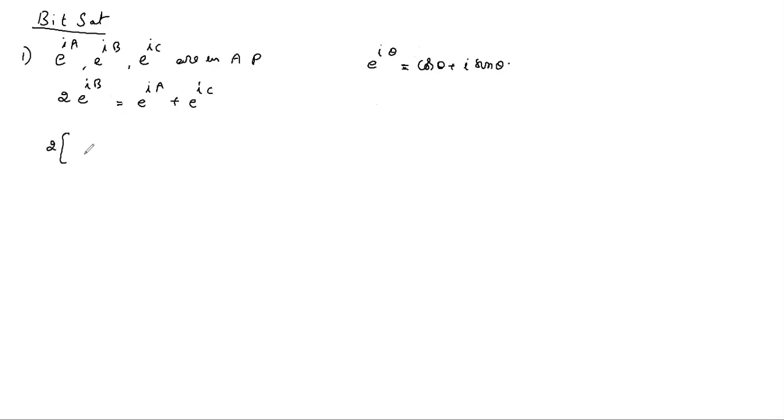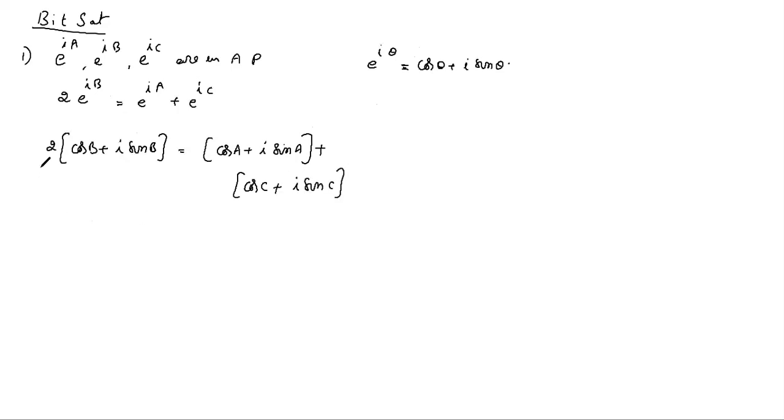2 into e^(ib) is cos b plus i sin b, e^(ia) is cos a plus i sin a, plus cos c plus i sin c.